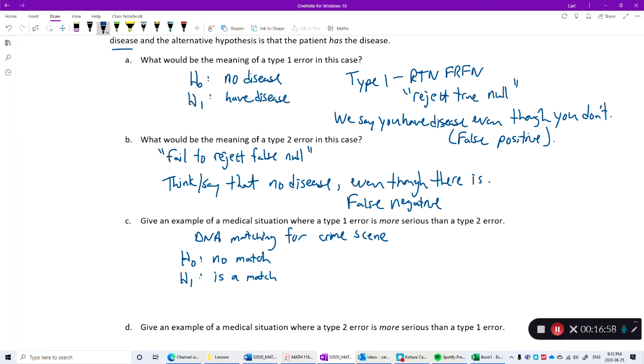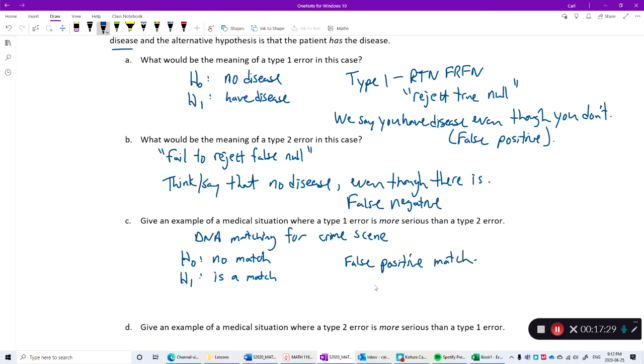Why is the null hypothesis that there's no match? Well, that's our default assumption. If you just have a random person, probably their DNA doesn't match. So we would start out thinking this is not a match, unless the computer says there's enough overlap that it looks like a match. So what would be a type 1 error here? A type 1 error would be a false positive match.